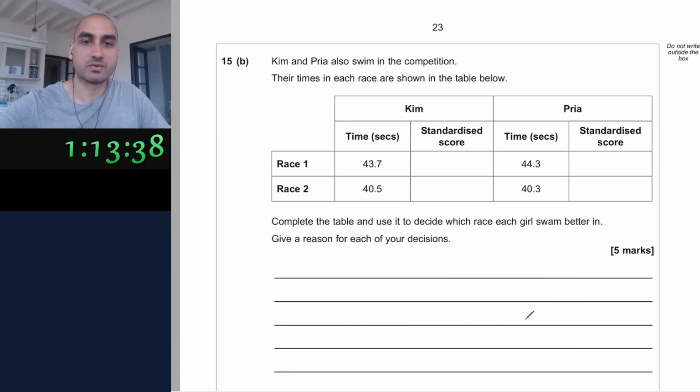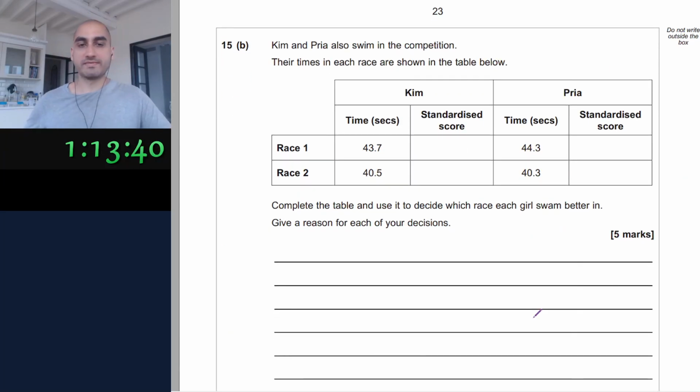Kim and Priya also swim in the competition. Their times in each race are shown in the table below. Okay, so race 1, Kim.